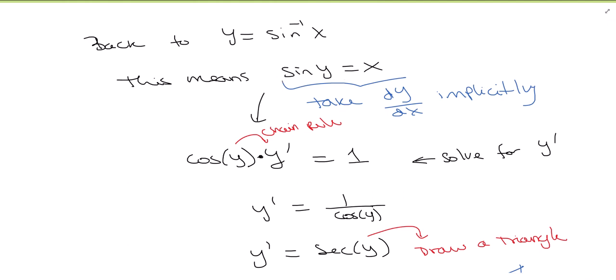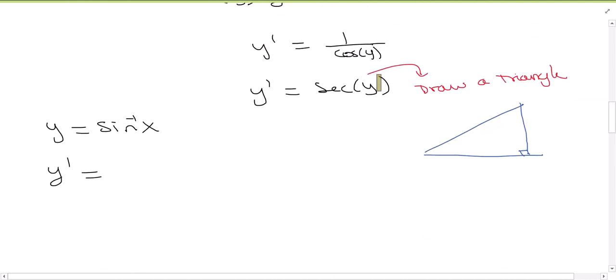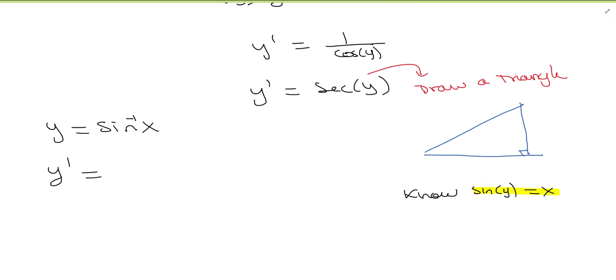So that's what we are going to use here, and we're going to draw our triangle based on that. So let me write that over here. We know the sine of y equals x. So that's what we started with. So that means that y is the angle. So we're going to put y as the angle, kind of like we did with the theta.